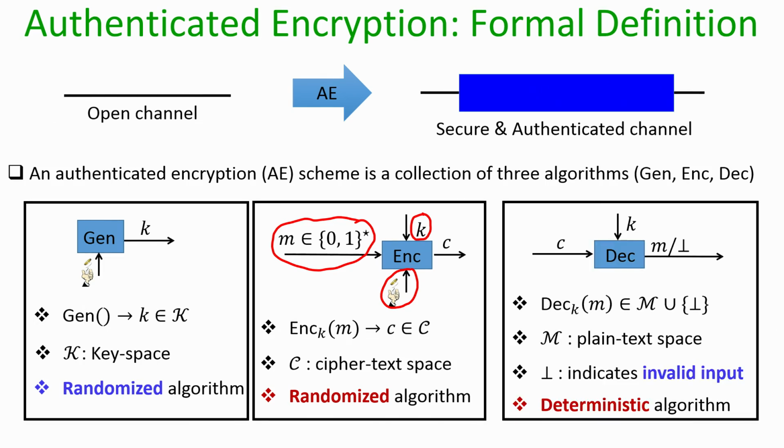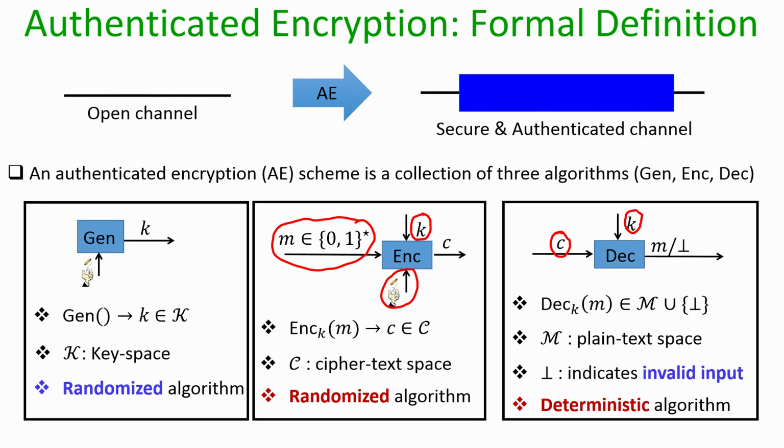On the other hand, the decryption algorithm takes the ciphertext which you want to decrypt and the key with which you want to perform the decryption, and it can have 2 possible outcomes. So, that is the difference that we are encountering here when we are discussing the decryption algorithm for the authenticated encryption scheme. Till now, the decryption algorithm for the symmetric key encryption scheme that we have discussed has only one possible output, namely the plain text which you obtain by decrypting the ciphertext.